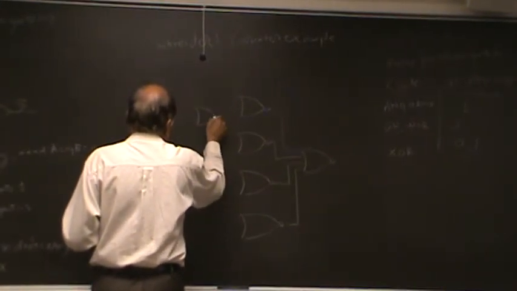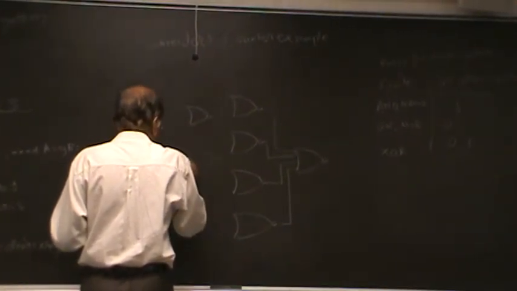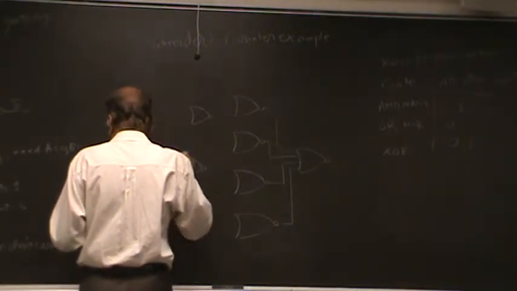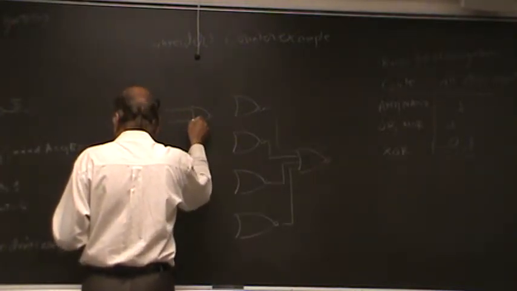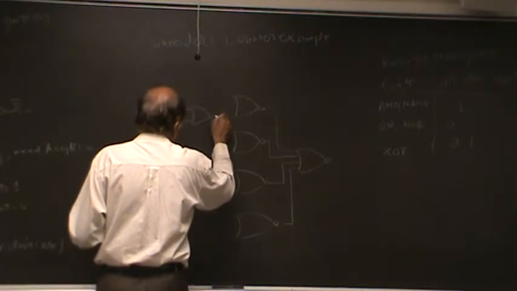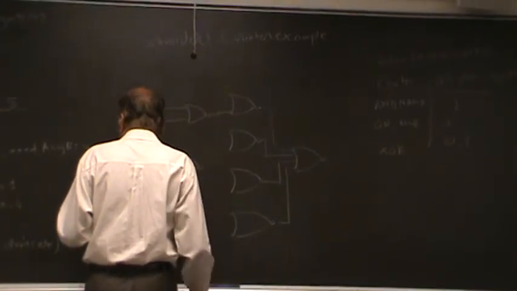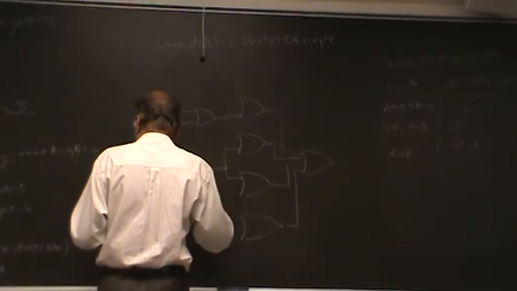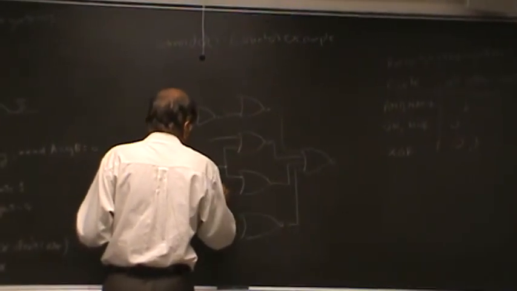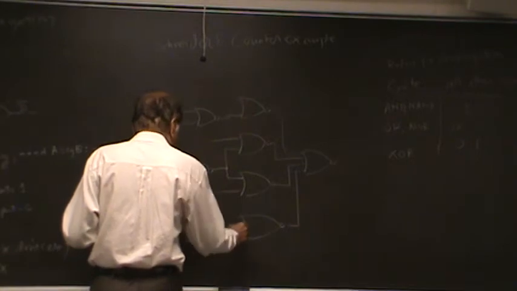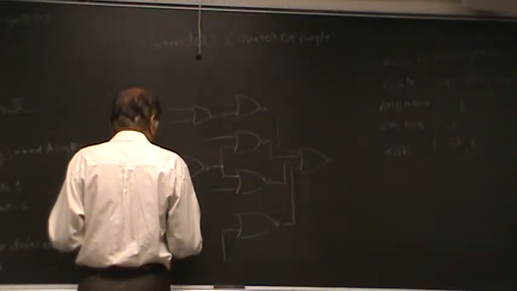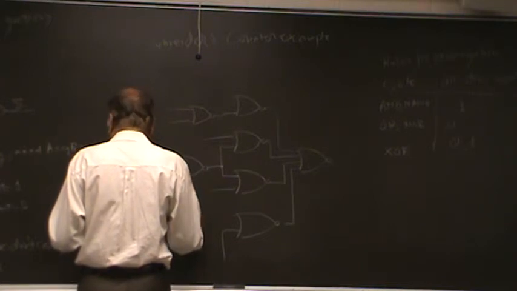Incidentally, some of you may remember that a NOR gate is one of the universal gates. That means you can construct anything using only NOR gates. And I need one more.